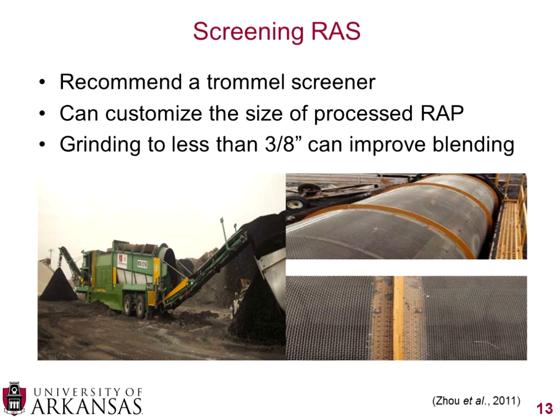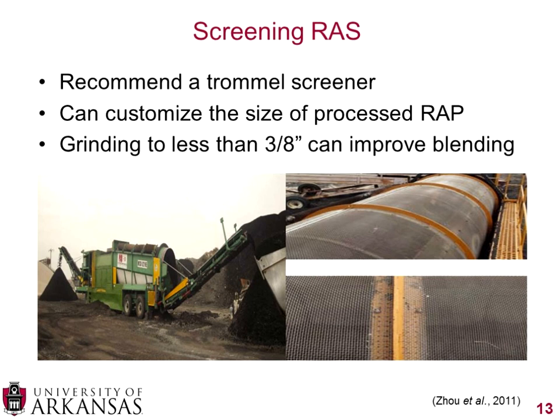So for the screening process of RAS, they recommended a trommel screener, which is a brand or type of screen. And you can customize the size of your processed recycled asphalt shingles. Just like any aggregate source, you can pretty much do whatever you want.